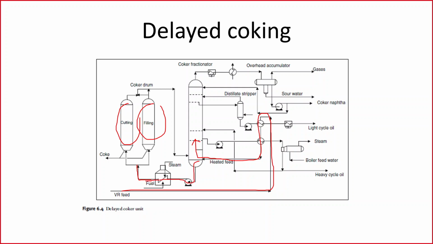You crack it, and then you send it here. You fill this until it's full, right? And once this is full, you close the valve over here, and it goes there. And then this one is being filled, and you simply cut the coke, or just use your hammer, and get the coke out of this guy. Okay, so that's what this delayed coker means.